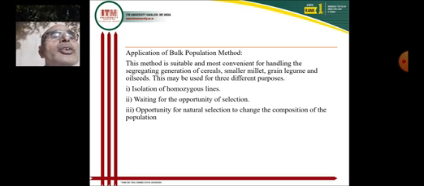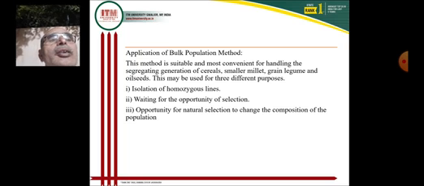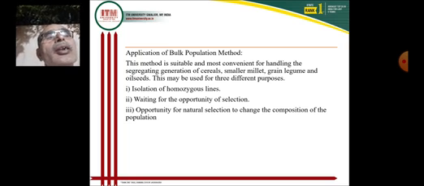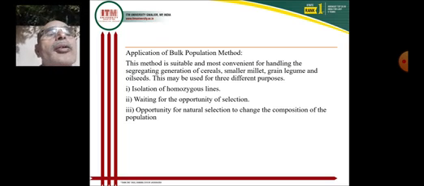For natural selection, we can wait, suppose, for the selection of disease resistance, the disease occurs in epidemic form sometimes, not every year.